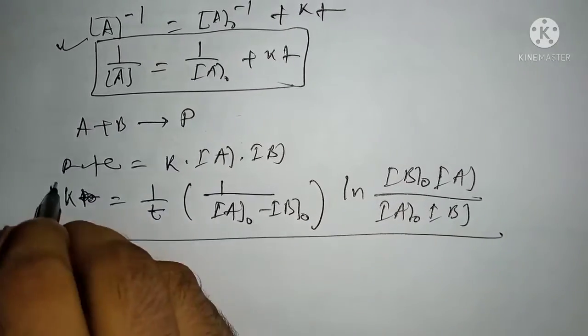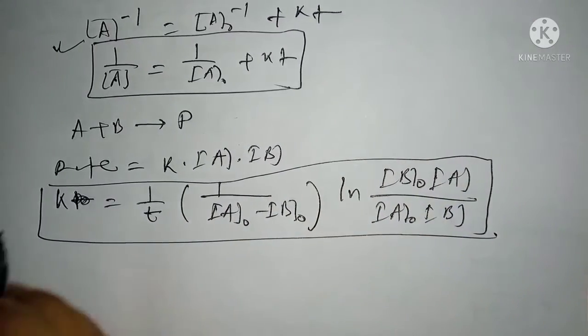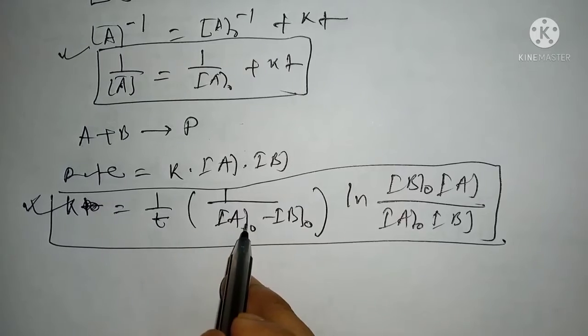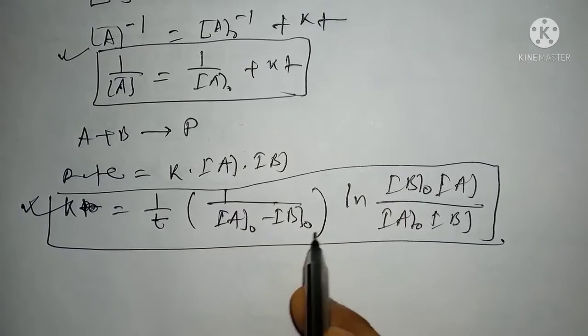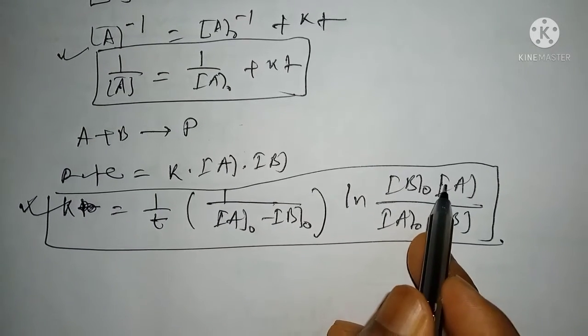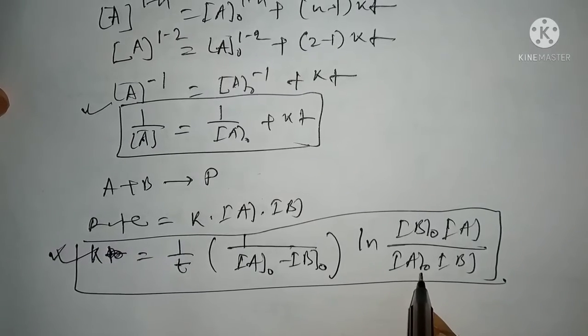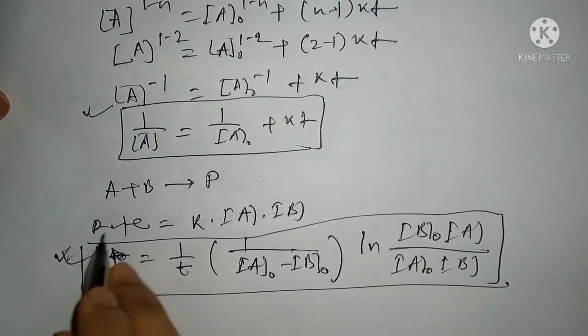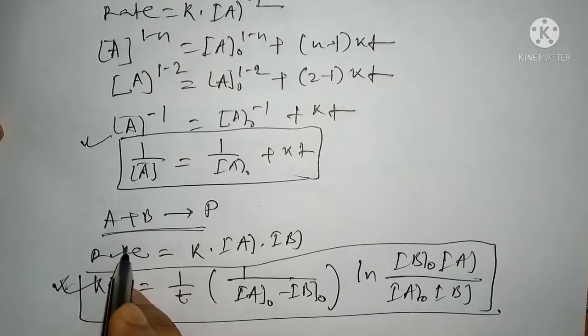This is the most important equation you must remember. In second order reaction, the formula is k equals 1 by t, 1 by ([A0] minus [B0]) ln of [B0] times [A] concentration over [A0] times [B] concentration. This is the most important one in the case of different reactant components.